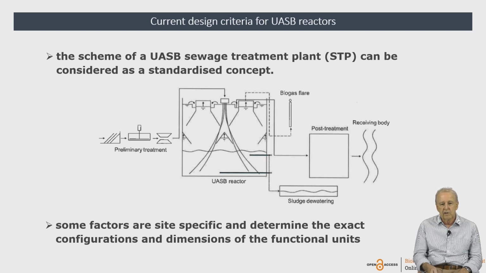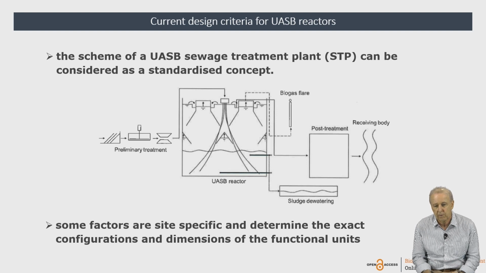This sludge, although it's withdrawn at a high concentration, around 4 or 5% solids content, still contains a big amount of water. So we need a sludge dewatering unit to reduce sludge volume, for proper management of the sludge outside the plant.